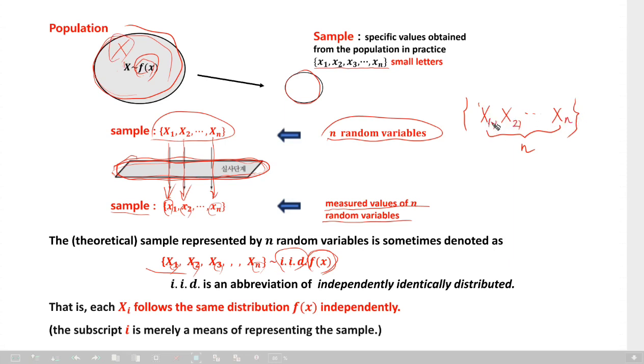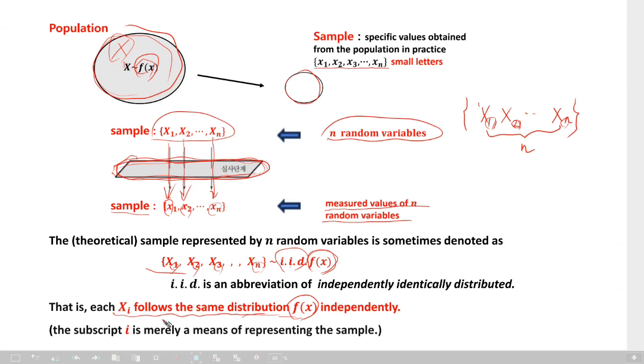That's why the subscript just indicates the sample, so you may ignore it. Then Xi follows the distribution f of x, and samples are independent. It is simple but important.